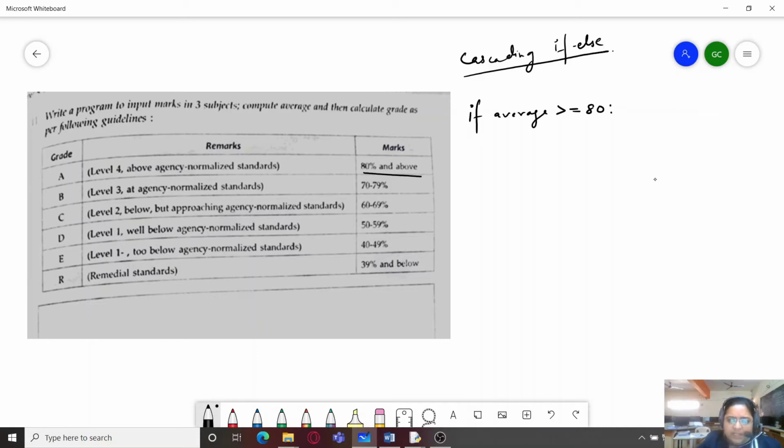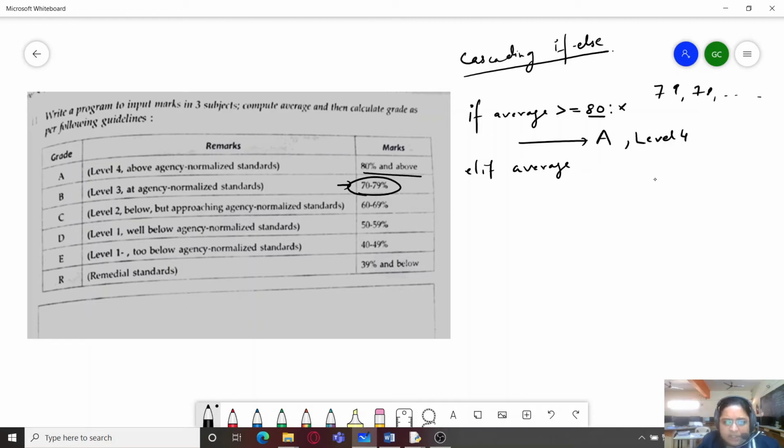So if average exceeds 80 or is equal to 80, then it is grade A and level 4. If average, now if this condition is false, it means it has to be the second one, 70 to 79%. So if it is not, if average is not greater than or equal to 80, it means it should be less than 80, that is 79, 78, 77 and so on.